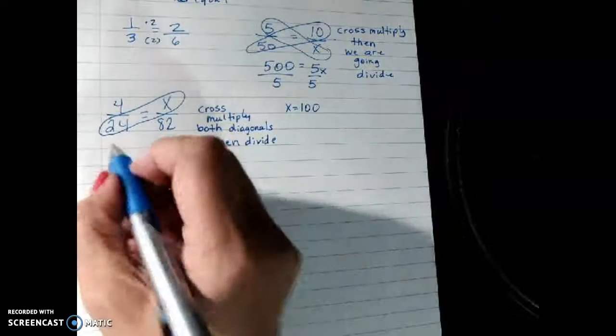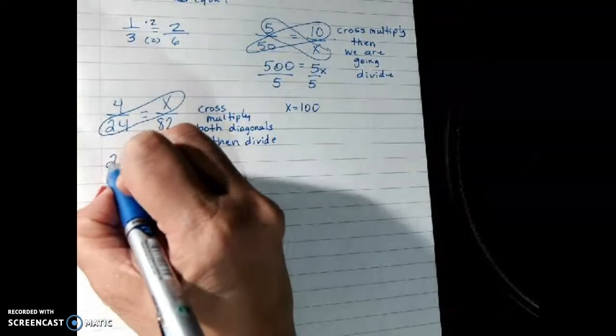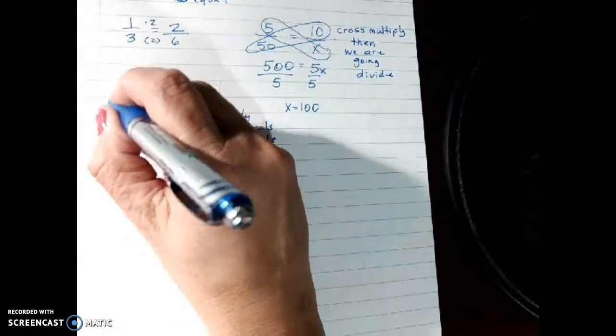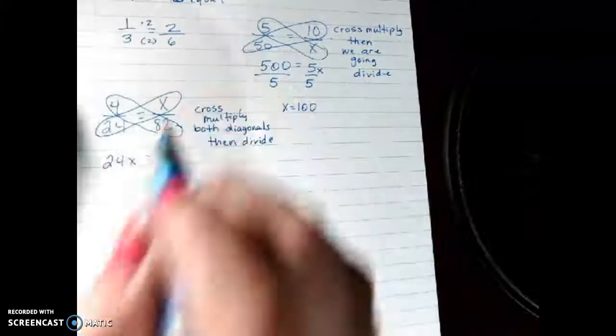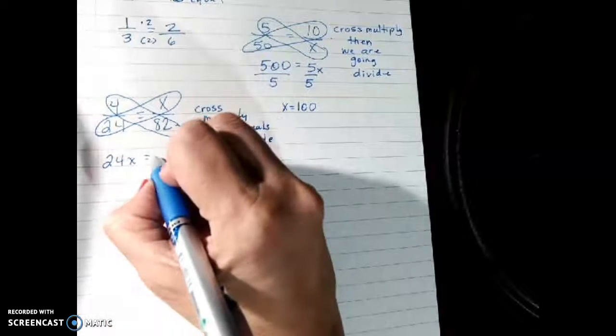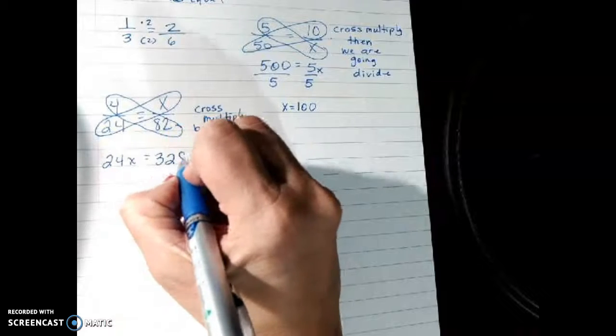Okay, so 24 times x, and then 82 times 4 equals 328.